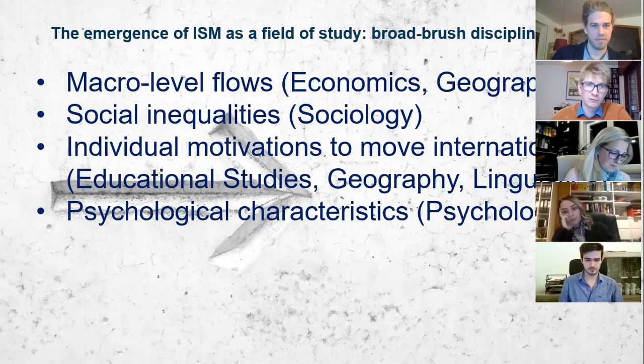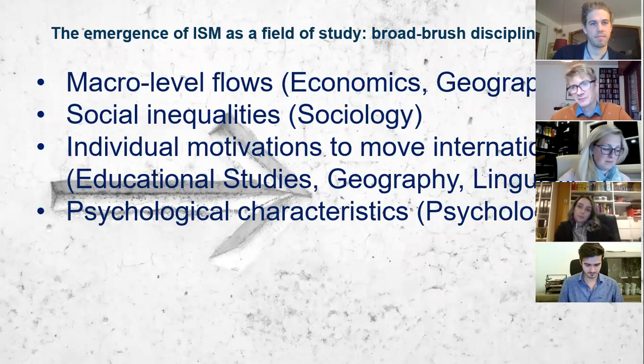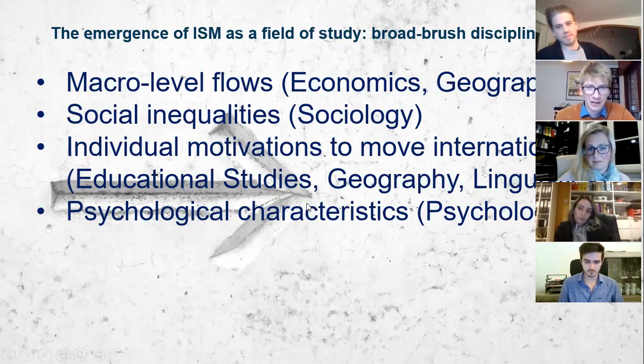And she wrote this beautiful book in 2002 on international students as the new strangers, based on the work of Georg Simmel, which was a very anthropological study. It still is very relevant and nice to read today, but actually she comes from linguistics, like many people originally.